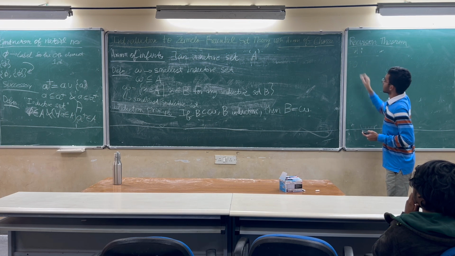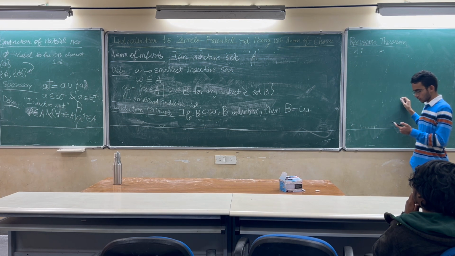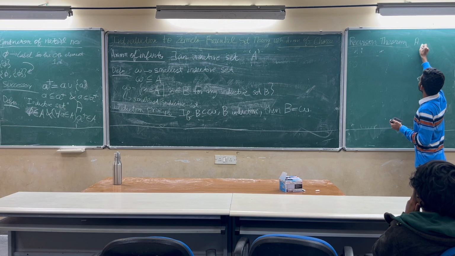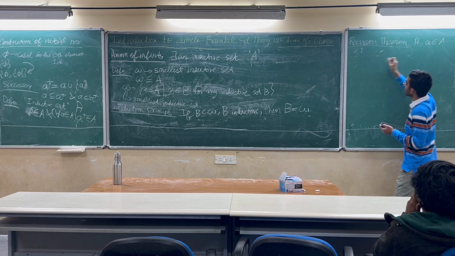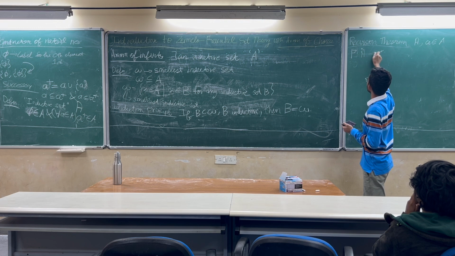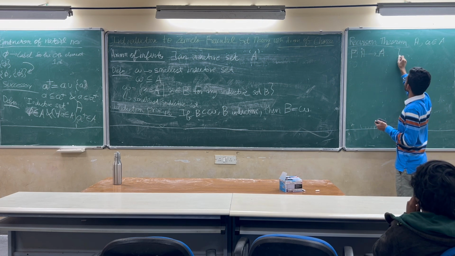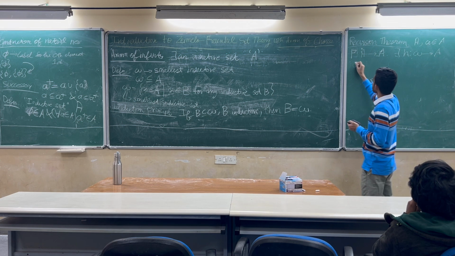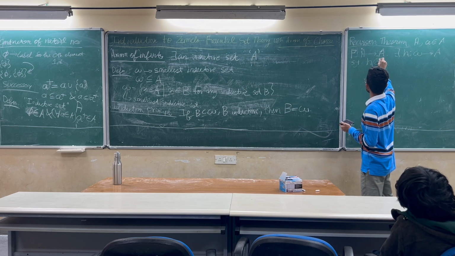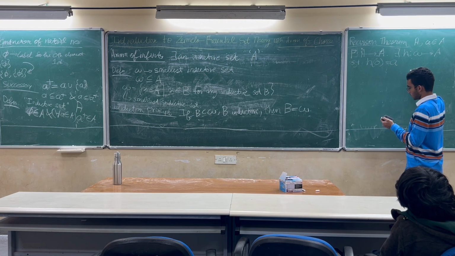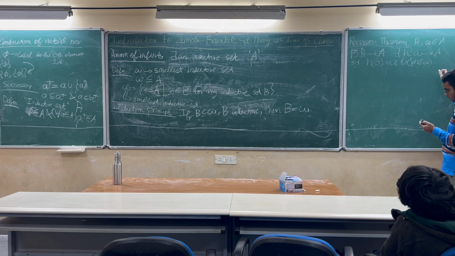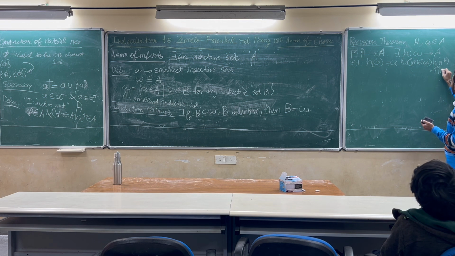Basically, the idea is that if A is a set, a belongs to A, and f is a function from A to A already given to us, then there exists a function h from omega to A such that h of 0 is equal to a. 0 is nothing but the empty set, and for every natural number n, h of n plus 1 is equal to f of h of n.